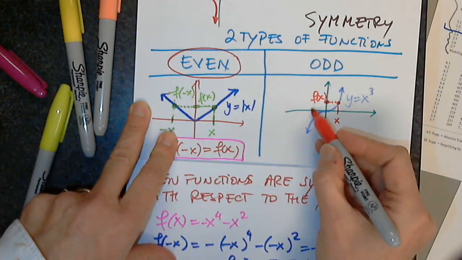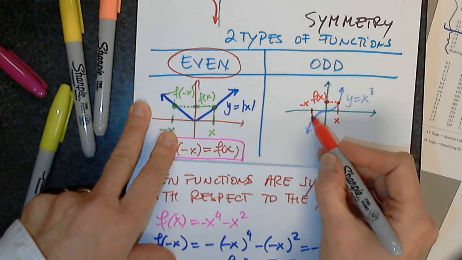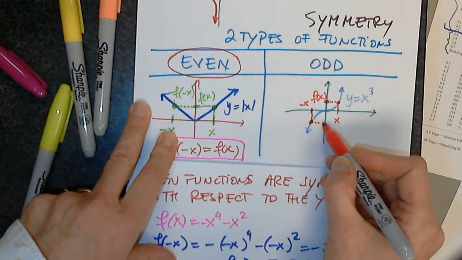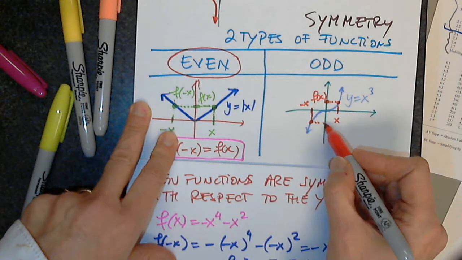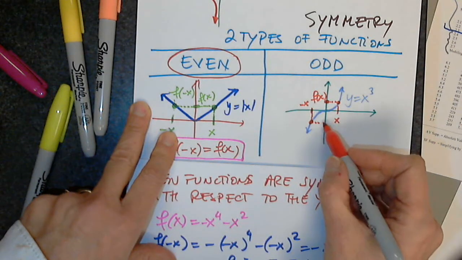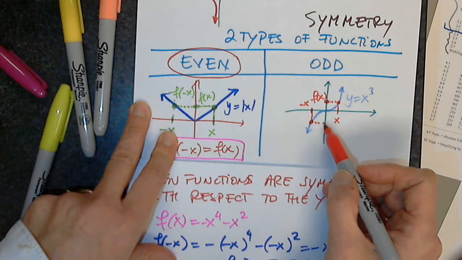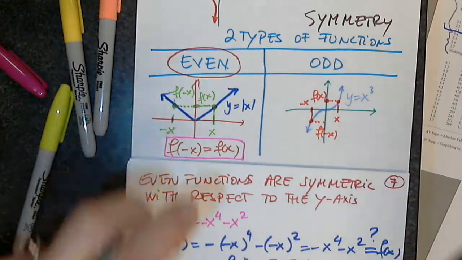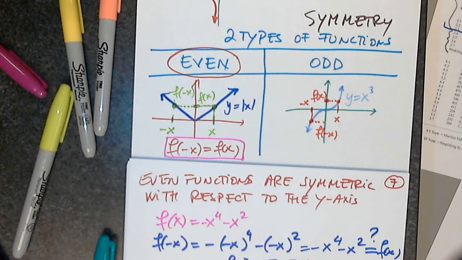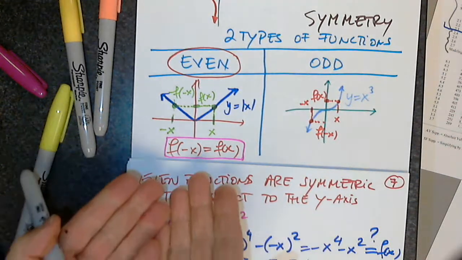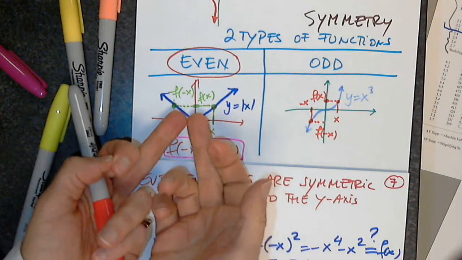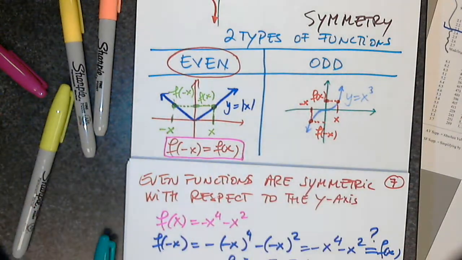Of course, I'm going to have my negative x here. And what will this be? Not yet. This is negative x. What will this be? Of course. Now I'm going to ask you, what is the relationship between f of negative x and f of x? They can be the same. They are the same here. But what is the relationship now?